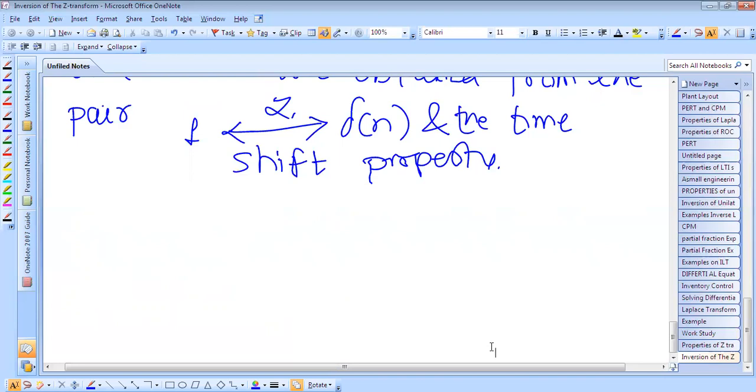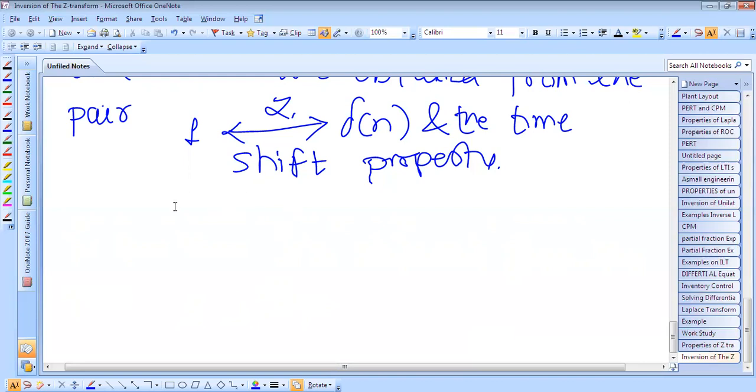This conversion is accomplished by factoring out the highest power of z present in the numerator from the numerator polynomial, and the highest power of z present in the denominator from the denominator polynomial. This ensures that the result has the form described by equation 1.